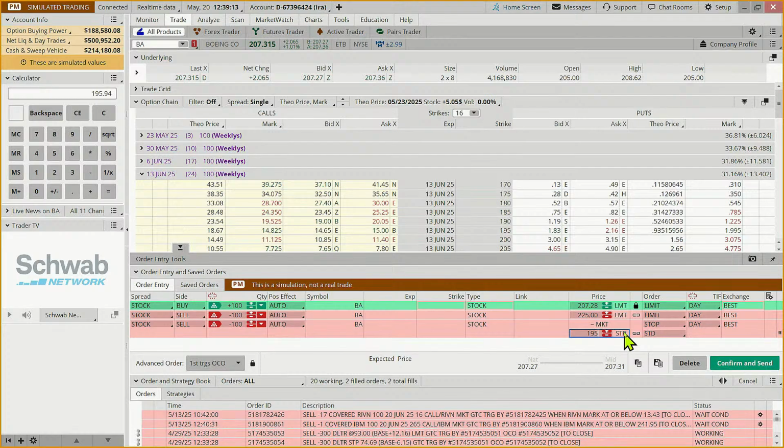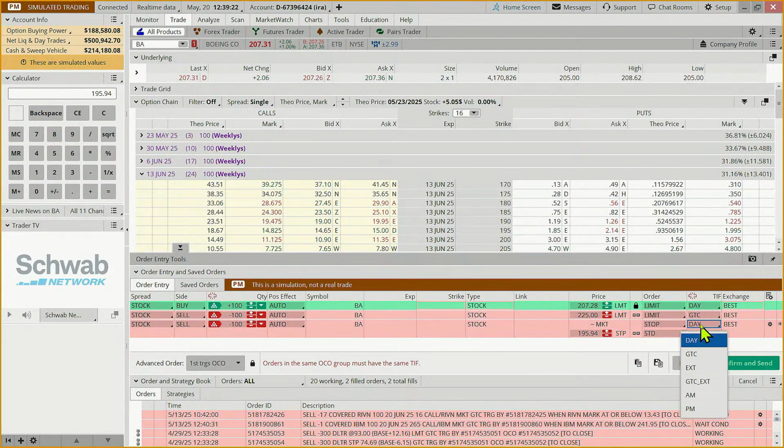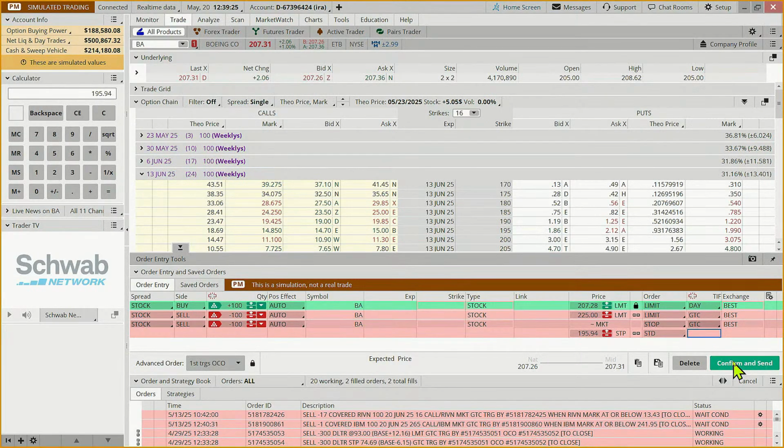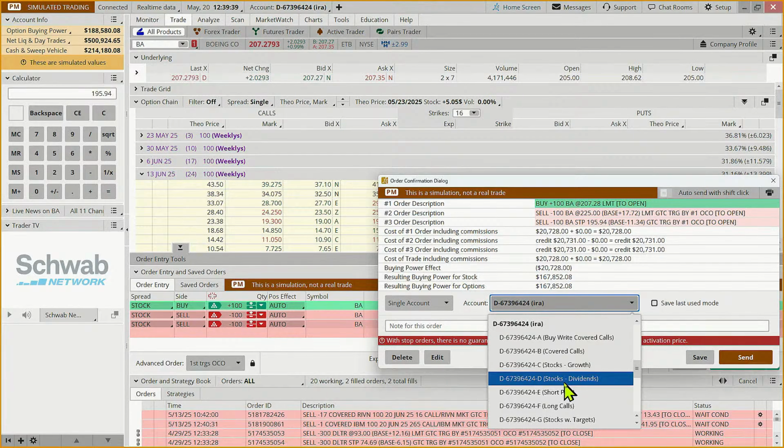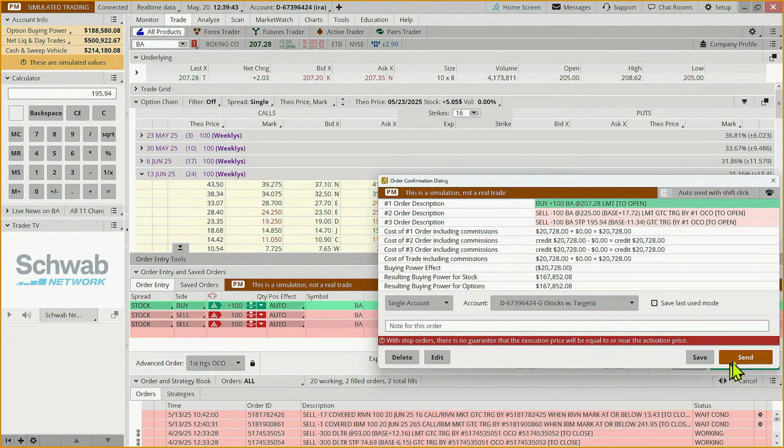Now you could make it 5, you could make it 2, you could make it whatever you want. Make that good till canceled, and away we go. So we're buying shares of the stock. We want to sell when it goes up by $17.72 a share, or if it goes down by $11.34. And we're going to put that in our stock with targets.